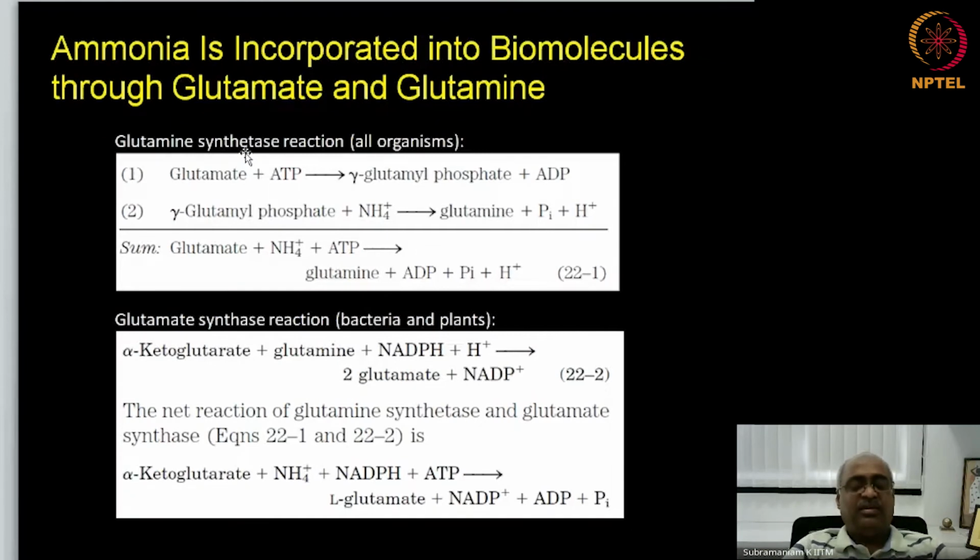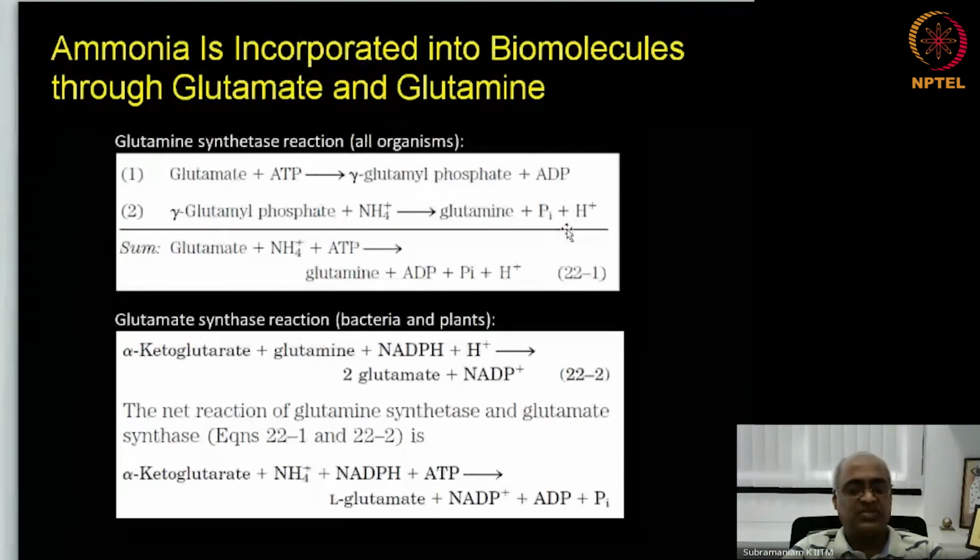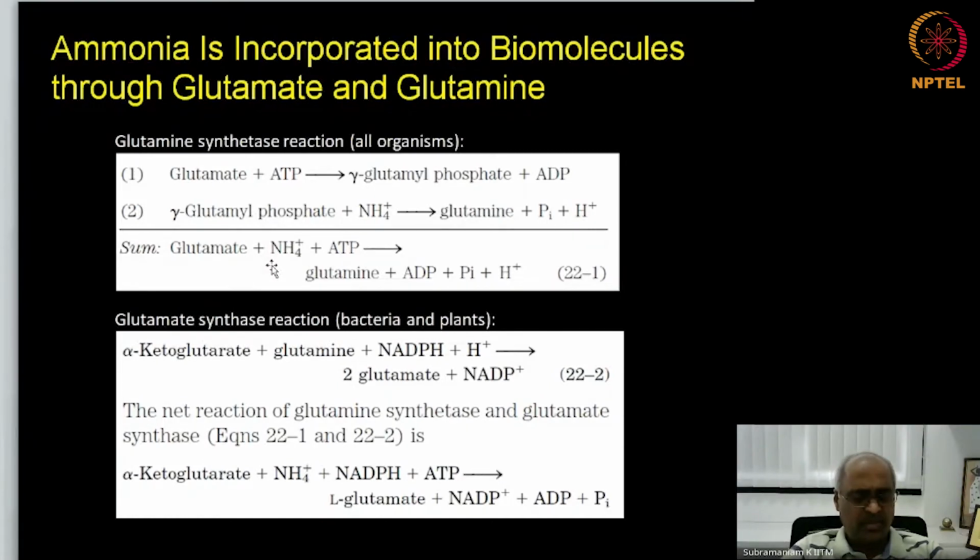The catabolism of amino acids ends up producing ammonia. And that ammonia in different tissues or organs of our body is converted into glutamine by this very same glutamine synthetase. And that glutamine is transported via blood to the liver, and in the liver the ammonia is released for other reactions, which we will discuss later, probably in tomorrow's or the day after tomorrow's class.